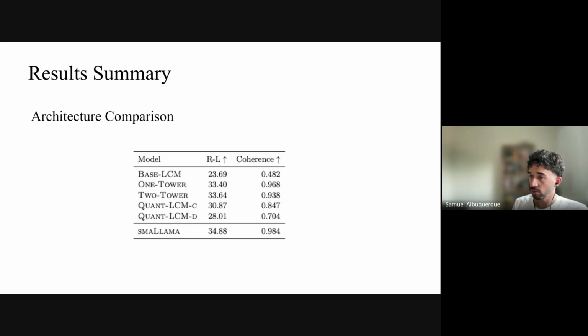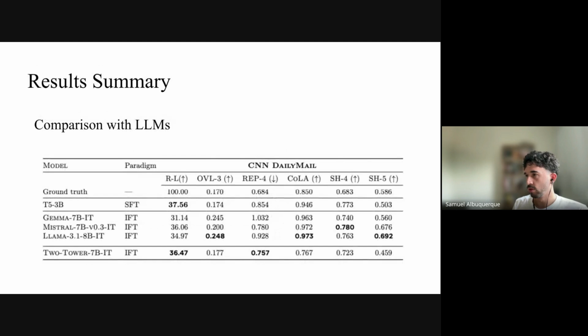So the result that I found most interesting was the comparison with other popular LLMs. As I said, the first model that they trained was around 2 billion parameters. So they decided to choose one model, the 2 tower, and scale it to 7 billion parameters so it can be compared to other language models. They compared with Llama, Mistral, all of these here.